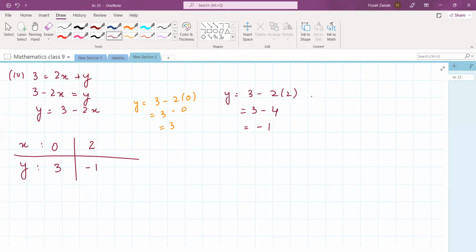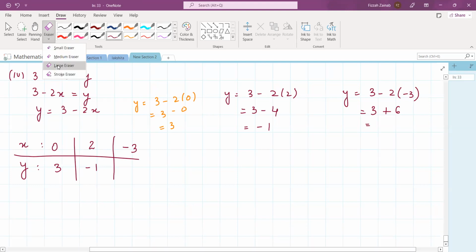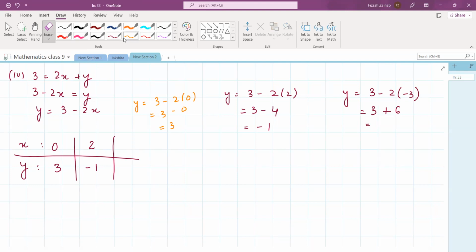And if you wish, you can take some negative value of x as well. You can take x is equal to minus 3. Let's see. So y is equal to 3 minus 2 into minus 3. So this is 3 and then minus minus becomes plus. Oh, I don't want that large value. I should take something smaller because it will be 9, so it will be difficult to draw on the graph.